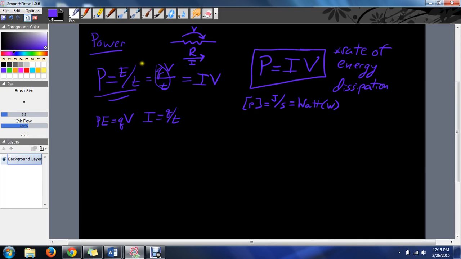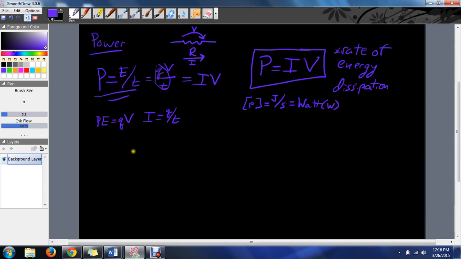So it makes sense that the rate of energy depends on the rate of charge, current, but also the voltage drop, right? So if you have a larger voltage drop, you have a larger rate of energy, and if you have more current, you have more charge, you also have a larger rate of energy.